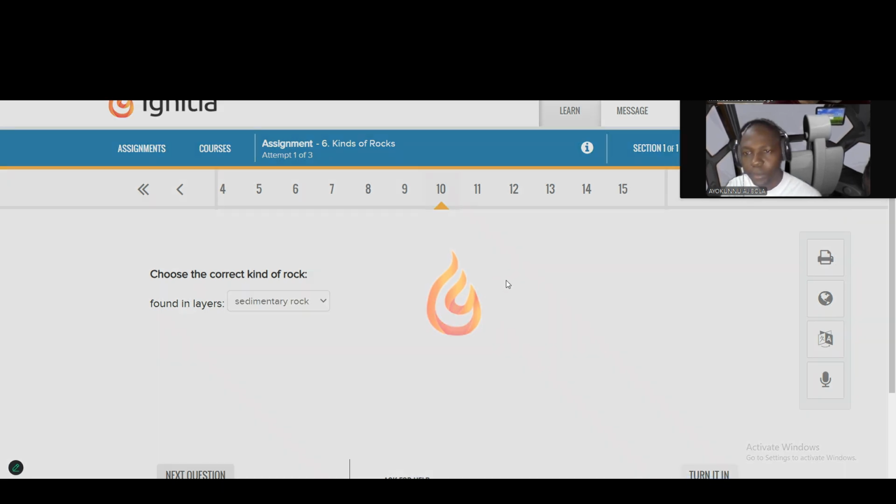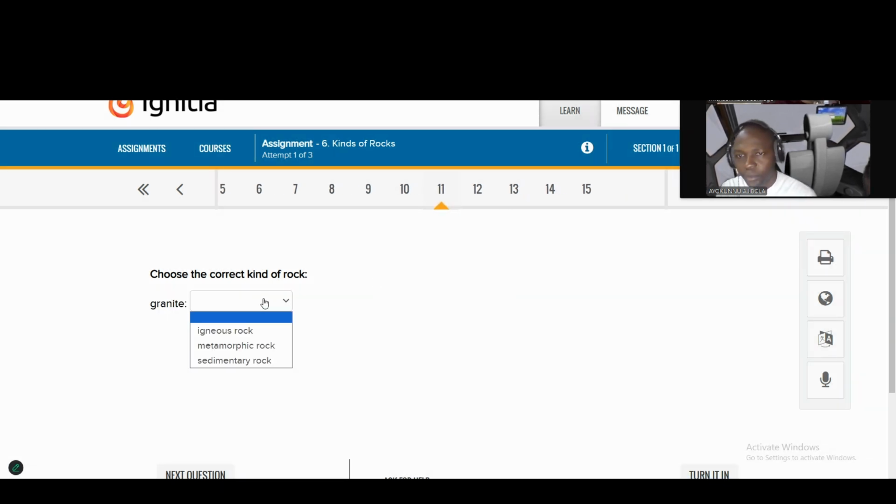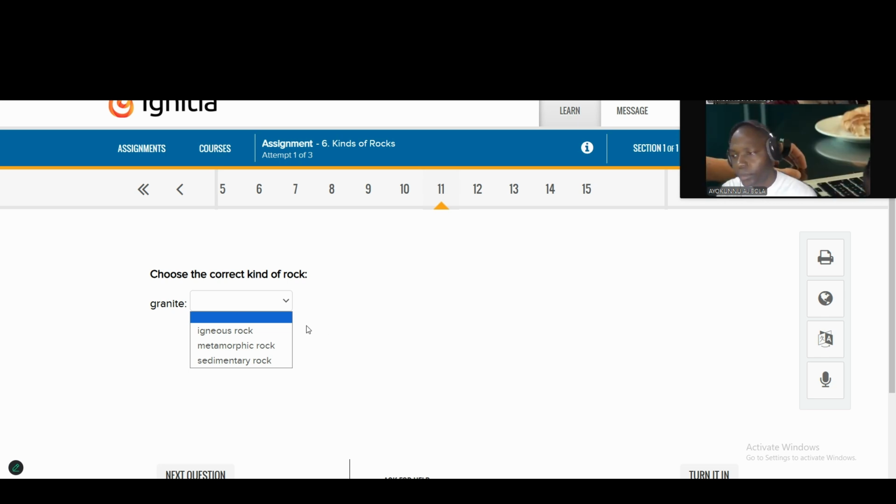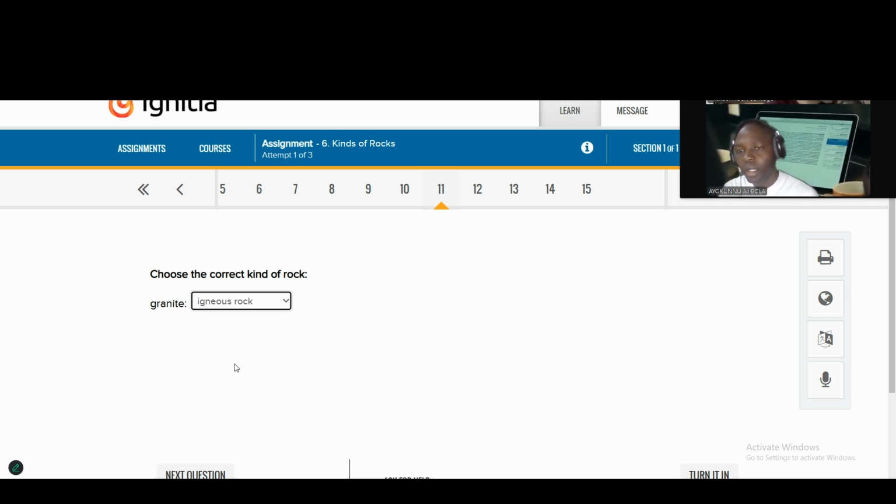Then the next one, granite. Let me hear you say granite. Granite, igneous rock.